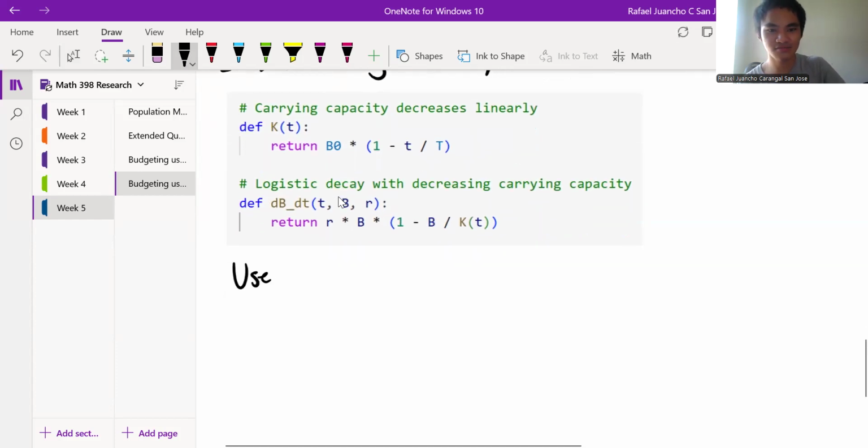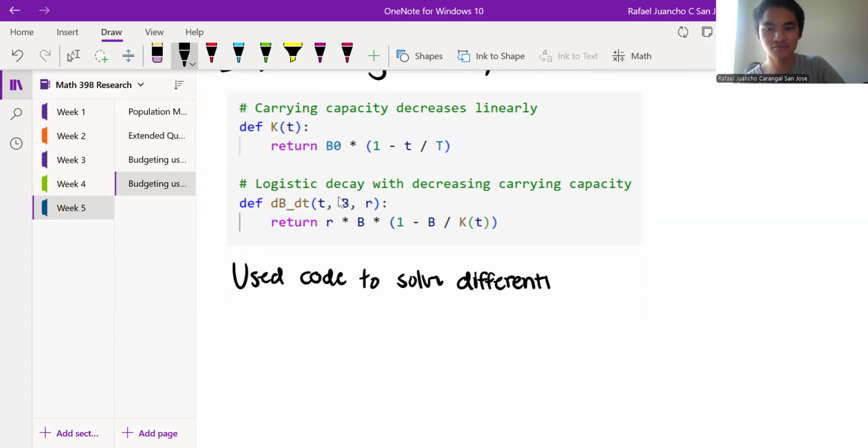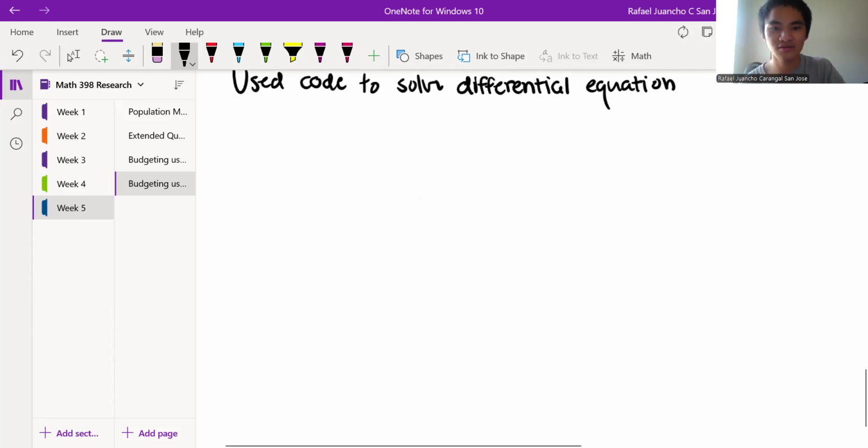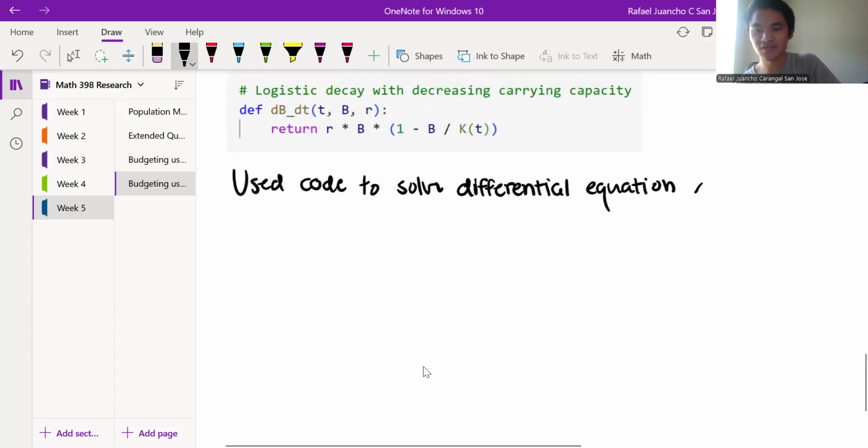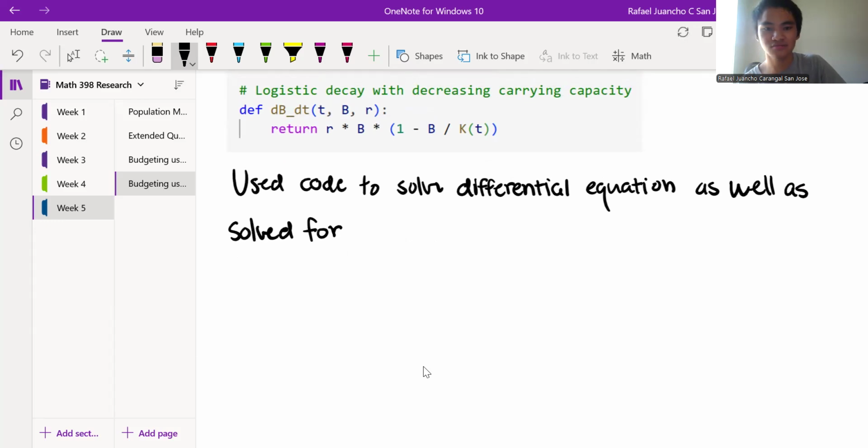So here I'm going to say: use code to solve the differential equation, as well as solve for R to better fit the model to the data. So I kind of did it here.